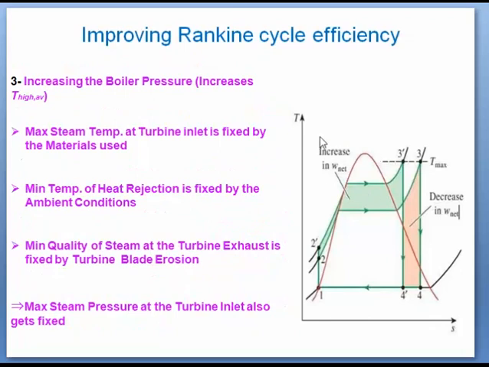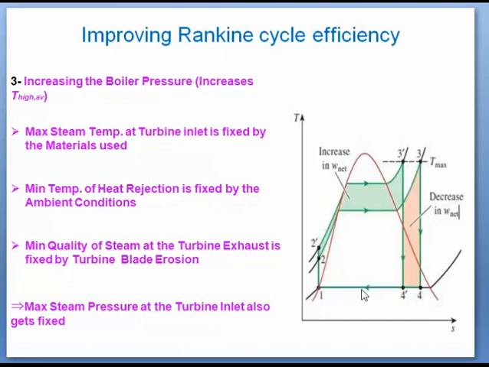So to overcome this problem, the best solution is to adopt the reheat cycle, which will increase the overall cycle efficiency of a Rankine cycle. A certain point which has to be kept in mind is that the maximum steam temperature up to which we can go depends upon the material used.